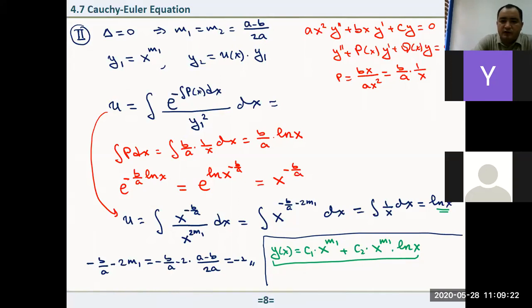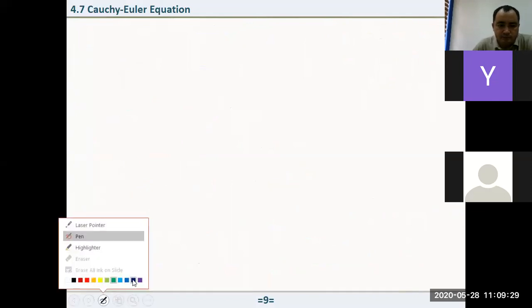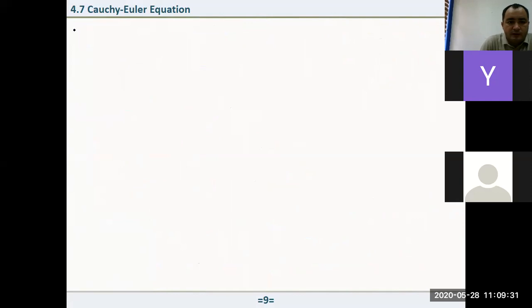Now we will consider the third case. So the third case is, what is it? Delta is less than 0. At that time, we will have two different solutions, right?